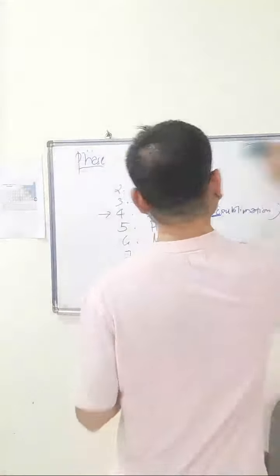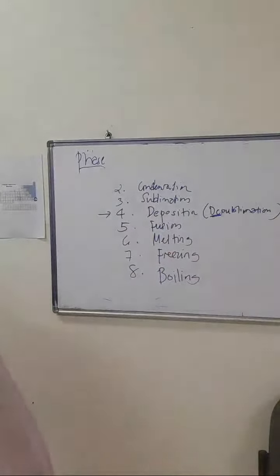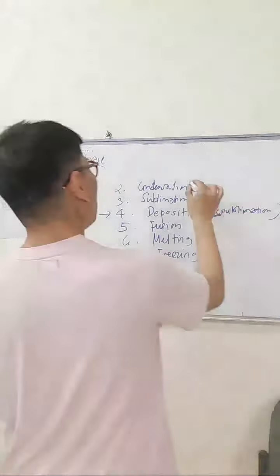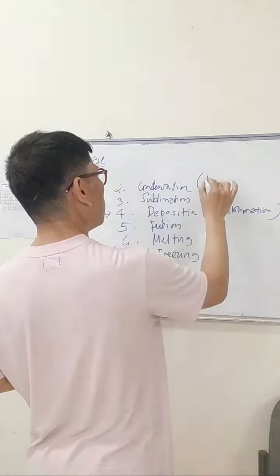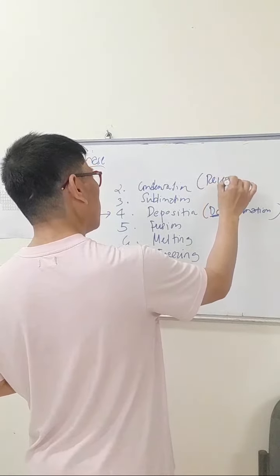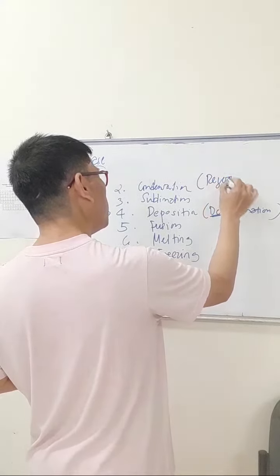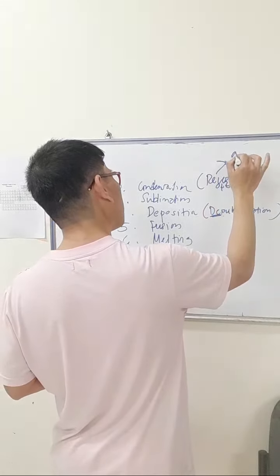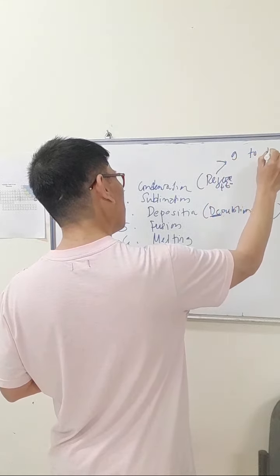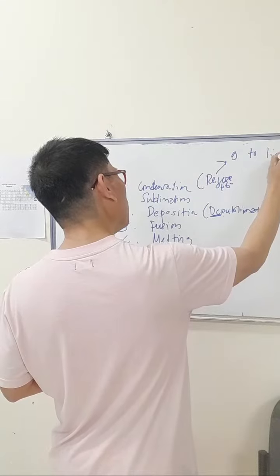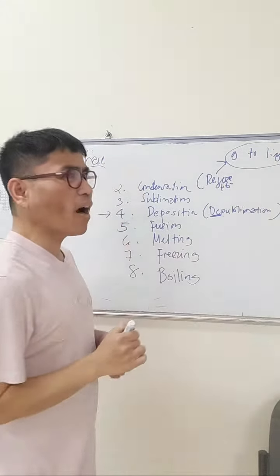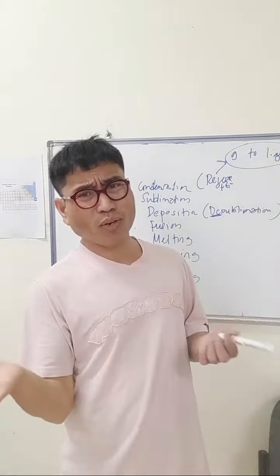Number 2, condensation. Condensation is the reverse of evaporation. This is the change from gas to liquid. Normally, we have a lot of these processes in the market or in different industries.